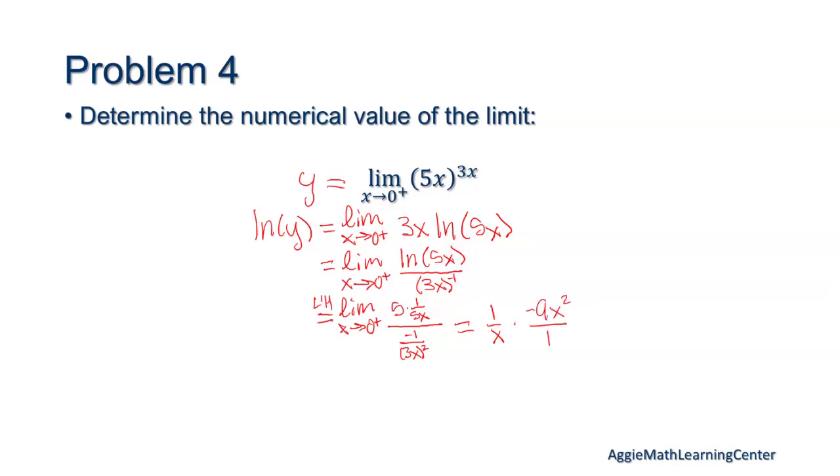So I just distributed that squared, right? Which gives me negative 9 times x, okay? And if I take the limit of negative 9x, that is going to be equal to 0. So I have the natural log of y is equal to 0. So then if I raise this to the power of e, I would have y is equal to e to the 0, which is equal to 1. Okay. And that's our solution to that one.